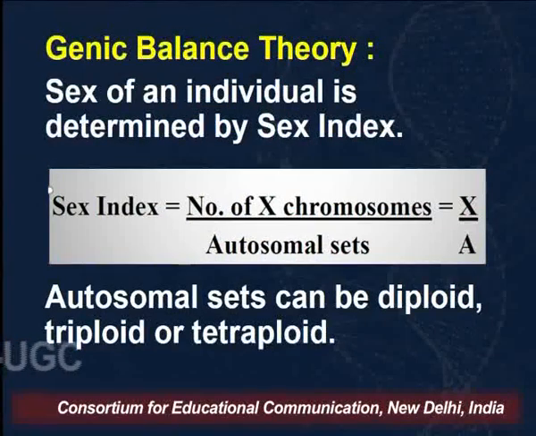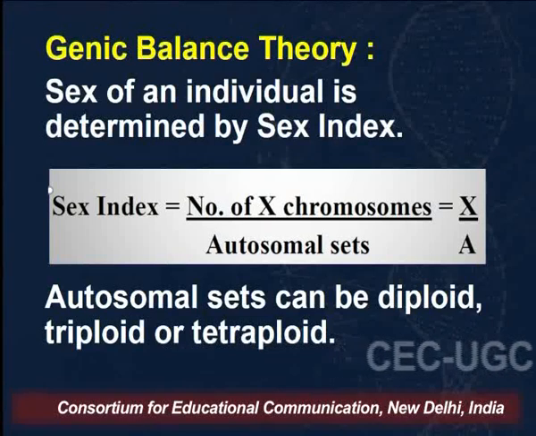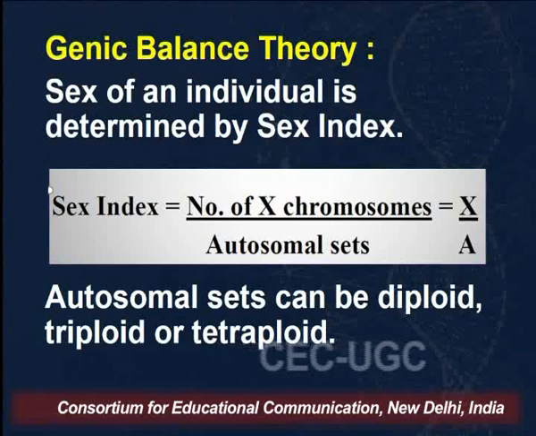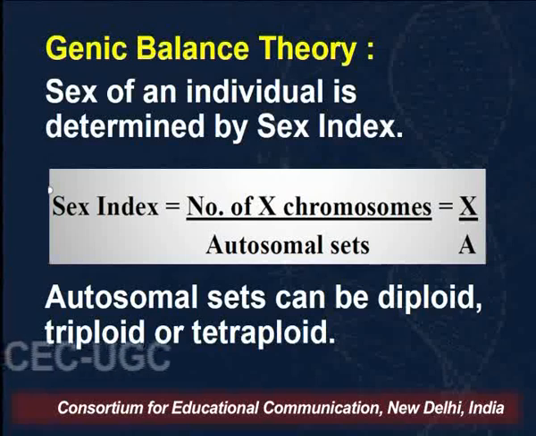Now, on this particular theory you will find on your screens that there is a sex index which has to be followed, which means it is a mathematical expression to find out the number of X chromosomes in relation to the autosomal sets.